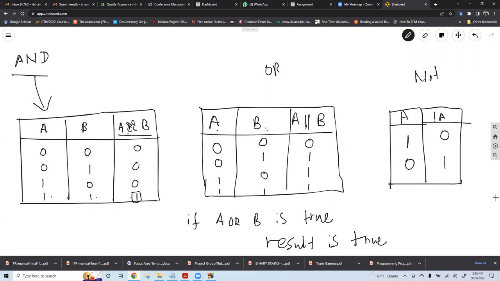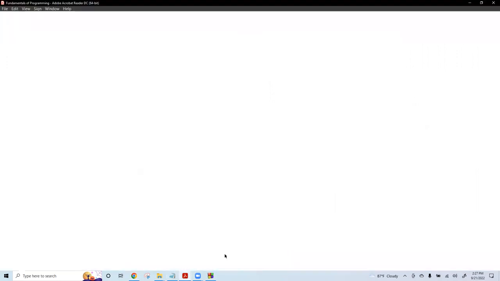My sister has a daughter, and she's a perfect example of a not kid. If we say don't go outside, then she will go outside. And if we say don't go inside, then she will go inside. Like she's a not gate actually, a not operator. So that's a not.